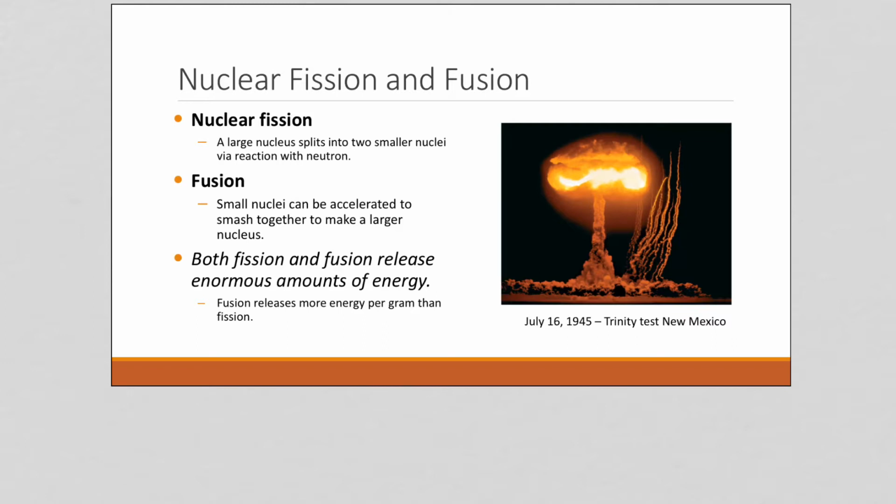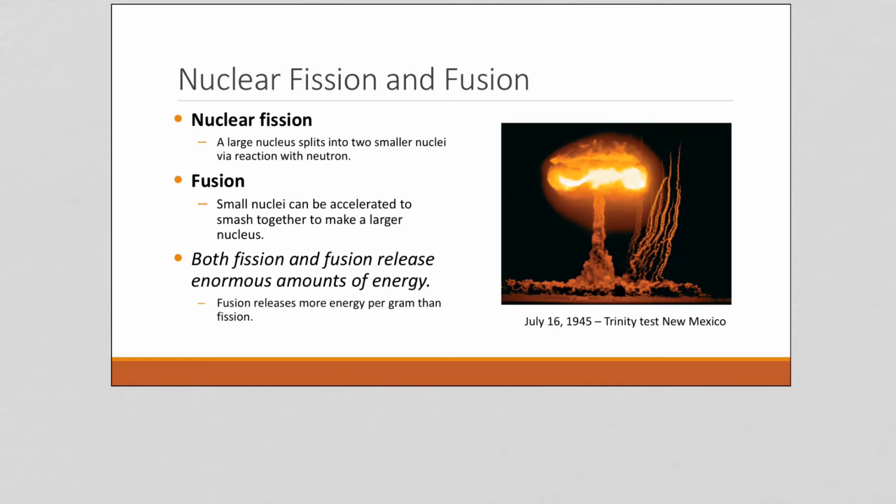So kind of up front, the difference between fission and fusion. Nuclear fission, right, is when a large nucleus splits into two smaller nuclei, typically via a reaction with a neutron. The word fission comes from the term fissure, right, a crack that develops like in a rock or something. So it's the splitting apart of the nucleus.